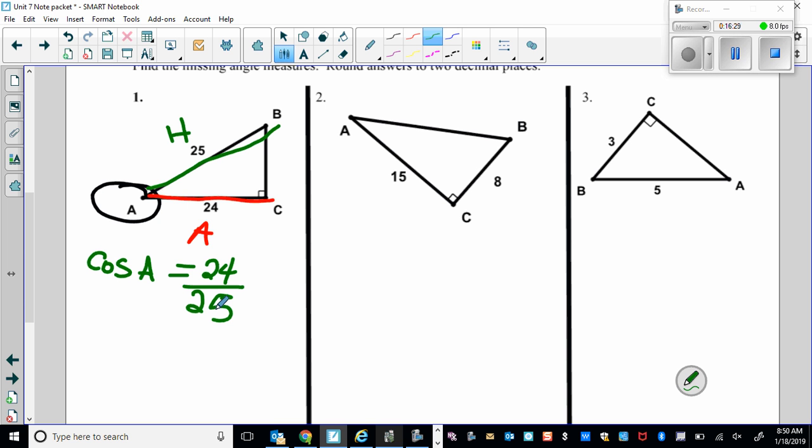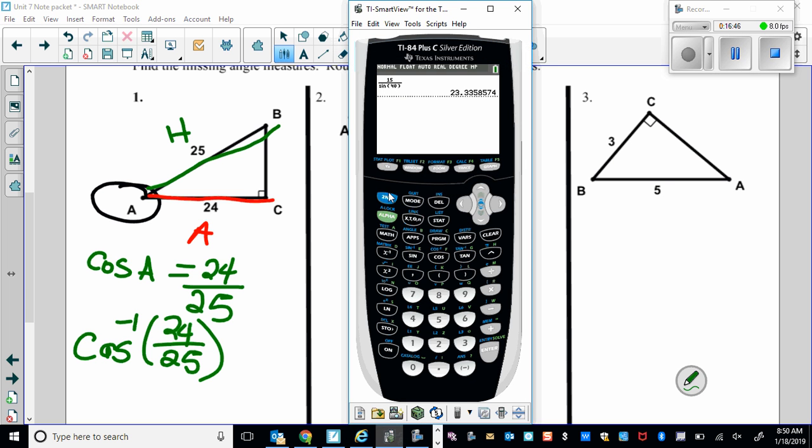Right? Once I set it up, I don't know what A is. So all I have to do is put this in the inverse function. Okay, and put the ratio as it is. So what I will do is grab my calculator, and I'm going to put second cos. So you can press second cos, and then you can put the fraction there with the fraction sign, or you can just say 24 divided by 25.